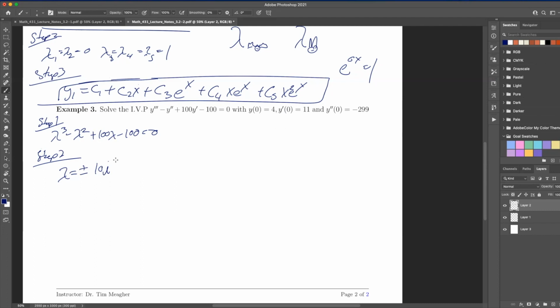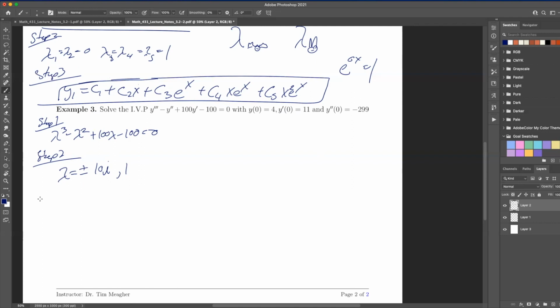This is factored by grouping. If I factor by grouping, I get lambda minus 1 times lambda squared plus 100. Lambda squared plus 100, move it over to the other side, take the square root, and you get plus or minus 10i. So that's how you do it by hand. You can type it in a calculator and get the same thing.